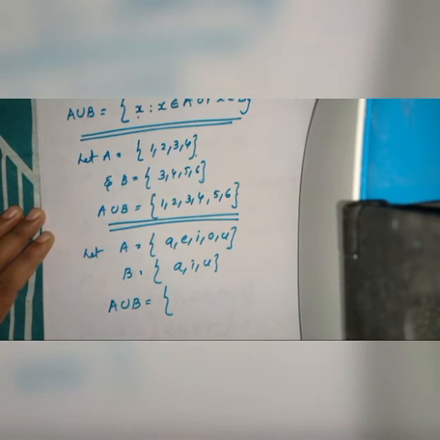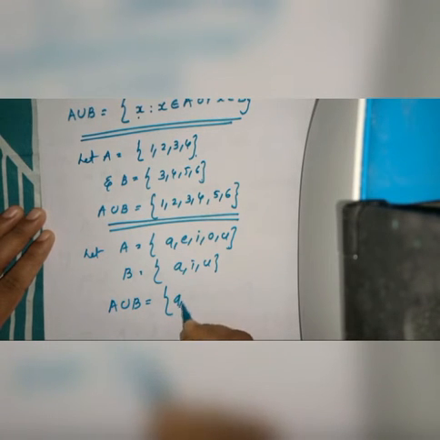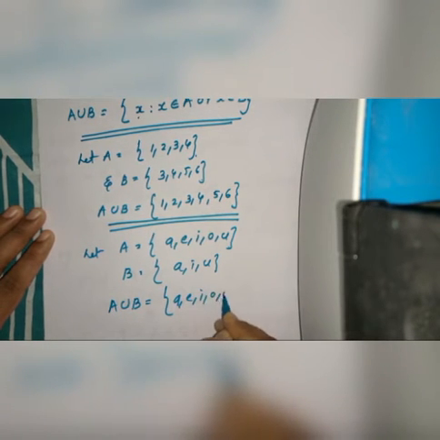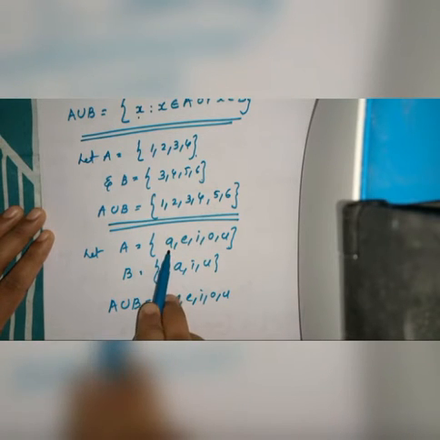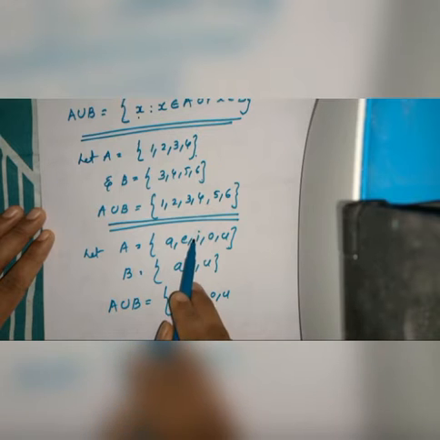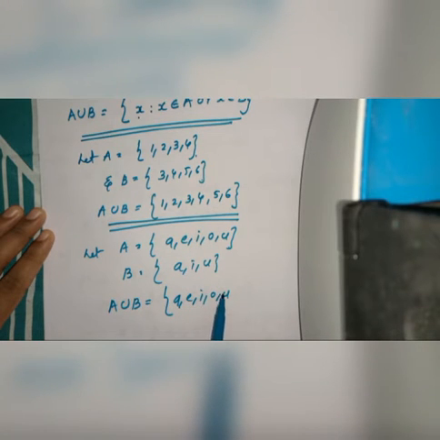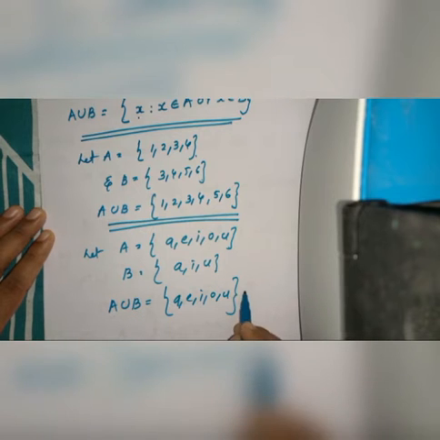A union B is nothing but combining all the elements of A and B. Here the elements are a, e, i, o, u, and what are the elements of B? a is common, present in A also, so we write it only once. i is present in the same set, so we write it once. u also. So A union B is equal to what?